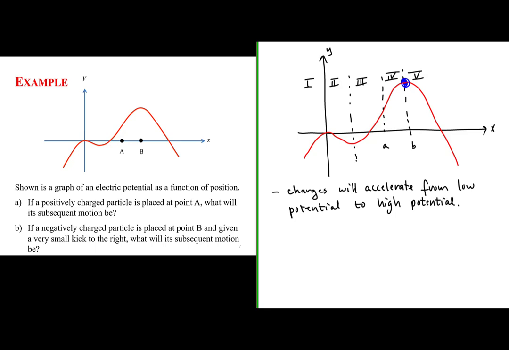If we do nothing to this negative charge at the top of the hill at point B, it'll just sit there. It is at the highest possible value of potential it can be at. And it wants to be there because negative charges will accelerate from low potential to higher potential. And there is no higher on this curve.